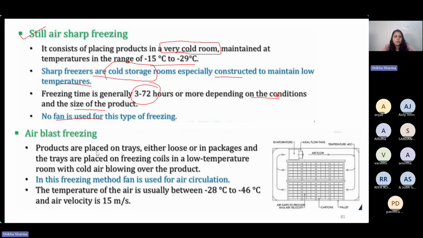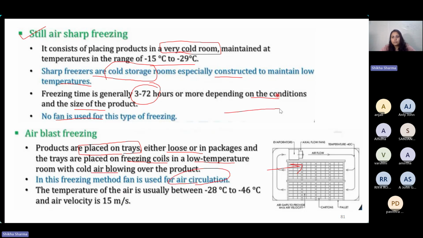Then air blast freezing places the products on trays, either loose or in packaging. All the trays are placed on the freezing coils in low temperature rooms with cold air blowing over the product. So a fan is required for air circulation.